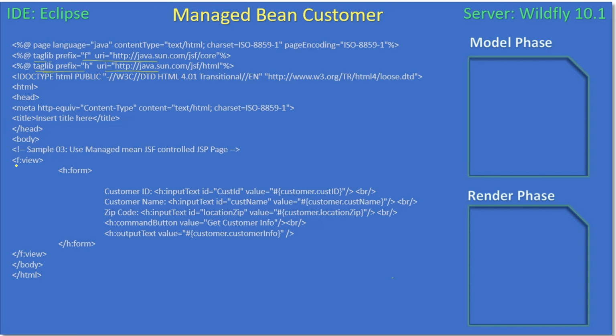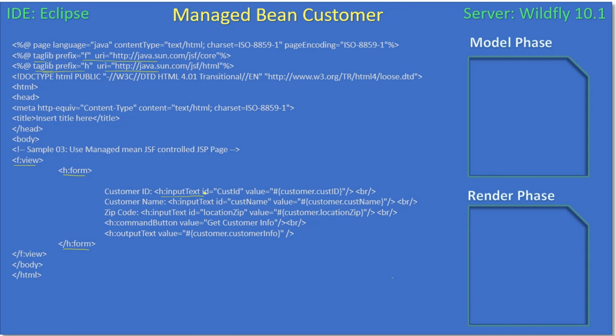Inside the body we are using f, from JSF core, then h:form, and we know how it will get transformed into an HTML form. Inside the h:form, this customer ID is a static label, and inside we are using a JSF tag, h:inputText. So we know that this is two directional. That means data can move from this form field to the bean, and from the bean data can be retrieved also.